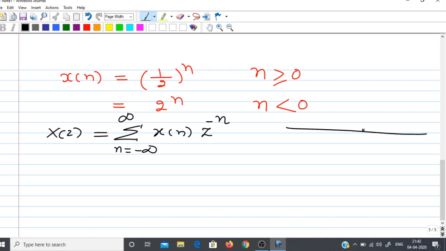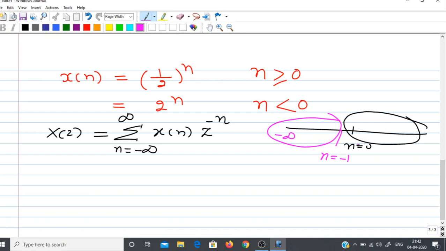See, this is n equals 0. One part is for n greater than or equal to 0, and the other part is from n equals minus 1 to minus infinity. And the right hand side part is from n equals 0 to n equals infinity.